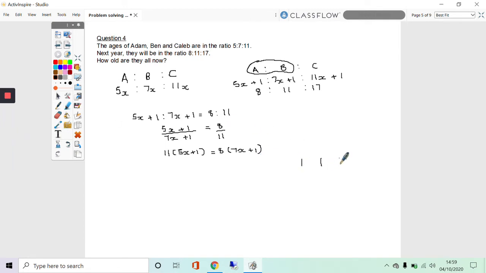So remember that brackets means boxes. So let's have an 11 there and a 5x plus 1 there. So I'm going to get 55x plus 11.